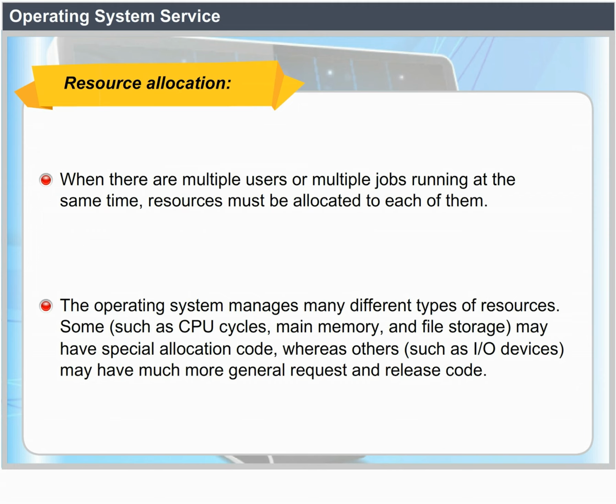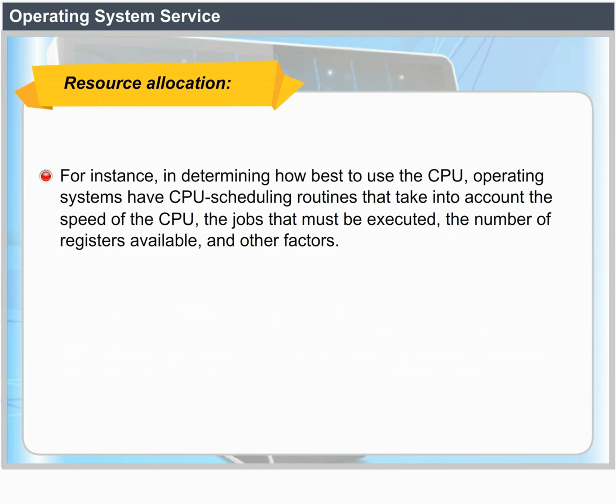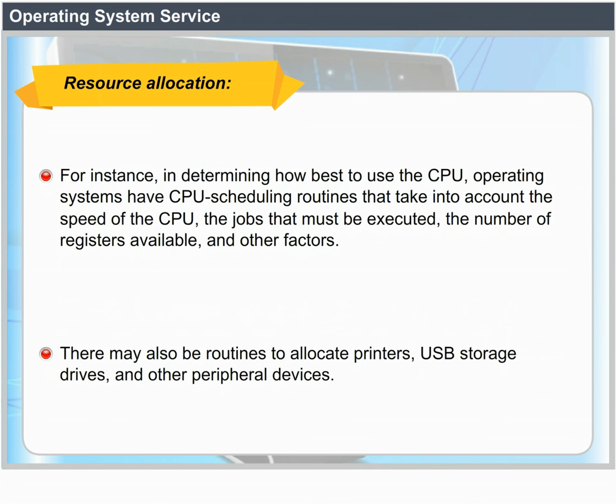Some, such as CPU cycles, main memory, and file storage, may have special allocation code, whereas others, such as input-output devices, may have much more general request and release code. For instance, in determining how best to use the CPU, operating systems have CPU scheduling routines that take into account the speed of the CPU, the jobs that must be executed, the numbers of registers available, and other factors. There may also be routines to allocate printers, USB storage drives, and other peripheral devices.